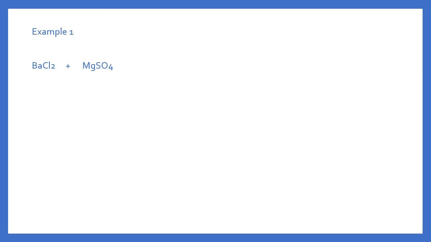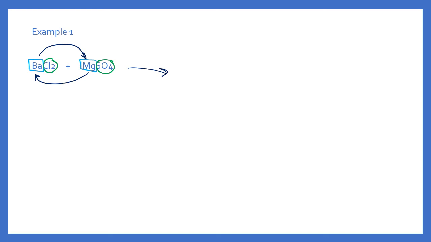Okay, so the first step is to determine metals and nonmetals. So barium is a metal, chlorine is a nonmetal, magnesium is a metal, SO4 is a nonmetal. Next is to swap the metals, keep the nonmetals where they are.